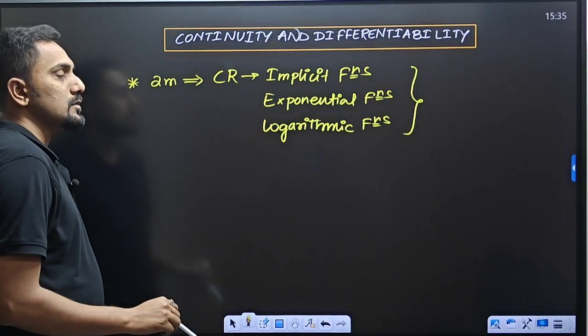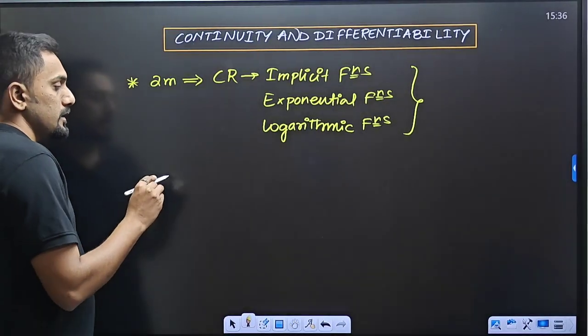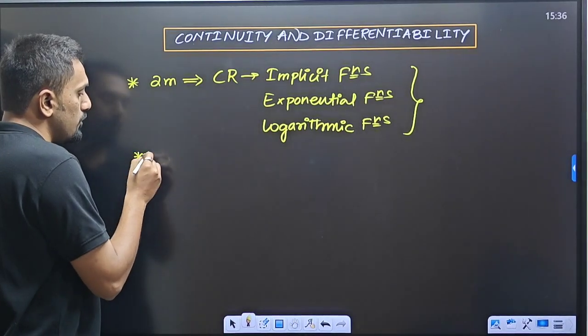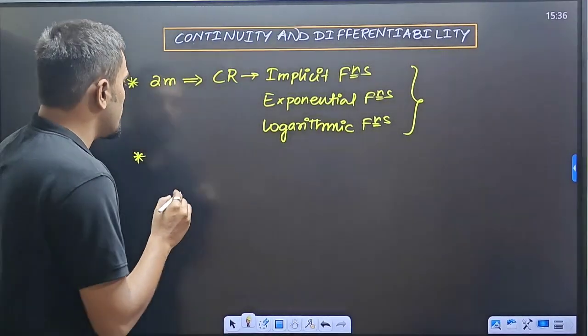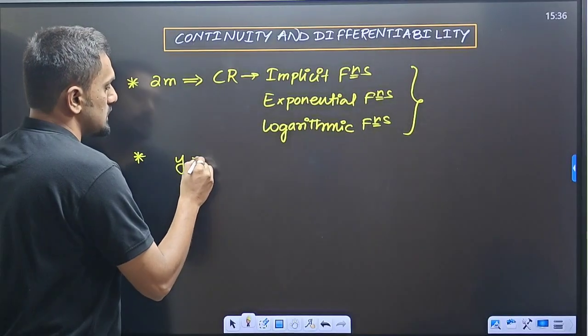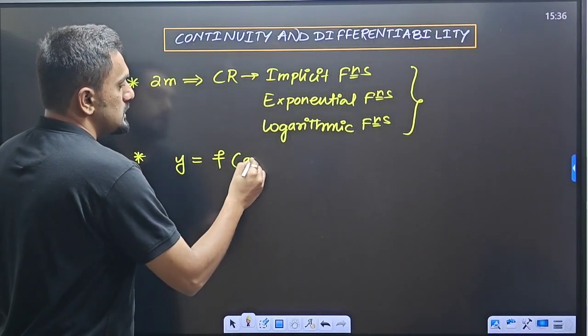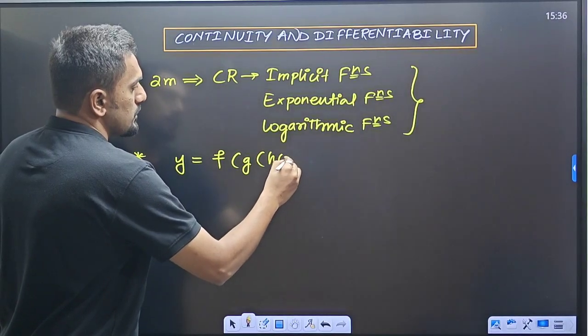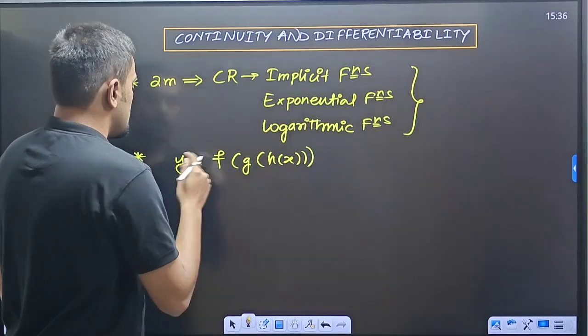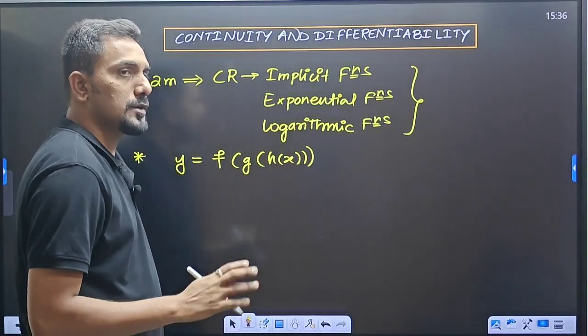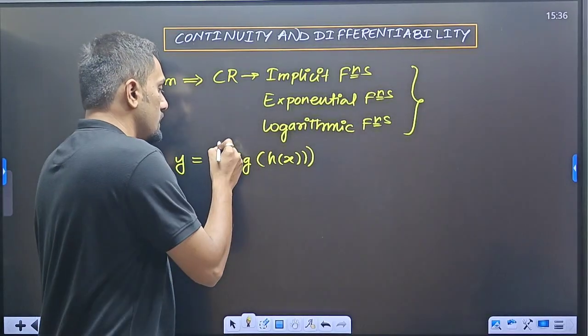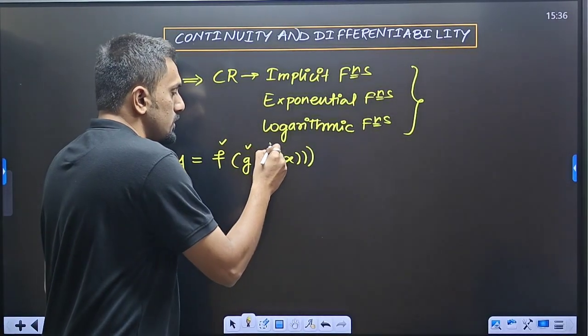Implicit function, but before that, you should know about the composite function. How to find the derivative of a composite function? Suppose y is equal to f of g of h of x, the total function is composed of 3 functions: one f, another g, another h.